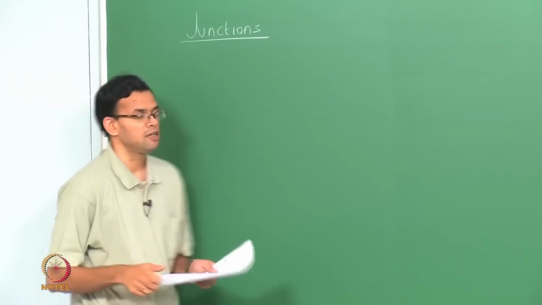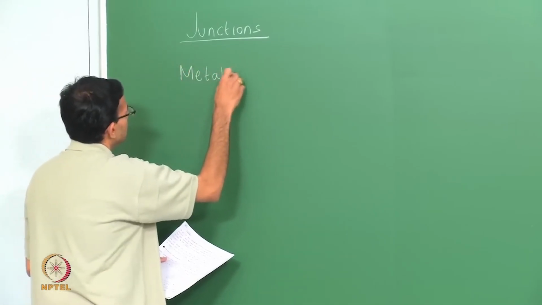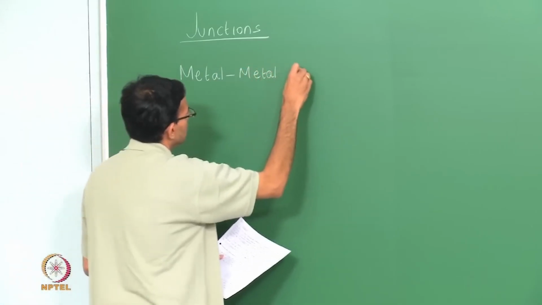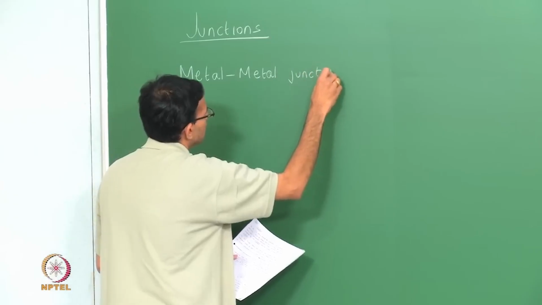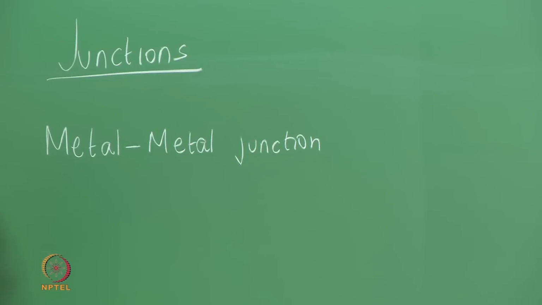We will first start with looking at a junction between two metals. So, we will form a metal-metal junction, and we will use this to understand the concepts of band alignment.